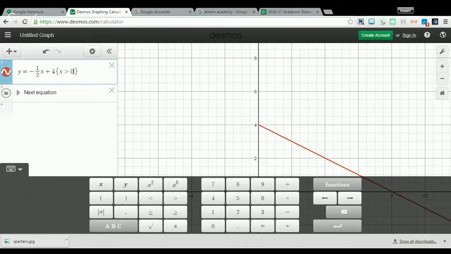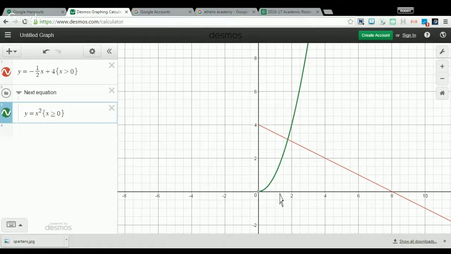Okay, and now let's bring in the next equation. The next equation is a parabola. If we had the parabola opening up, it'd be a parabola right here, and obviously this is not a function, so it wouldn't be an example that we would want to use, because it would fail the vertical line test.